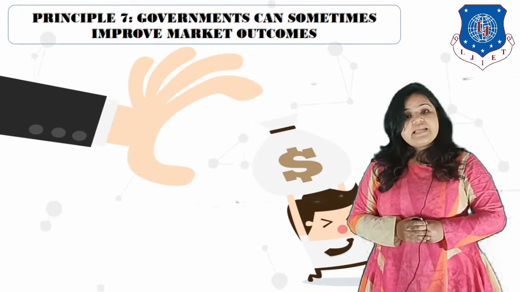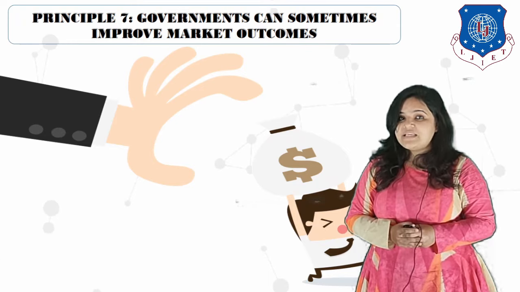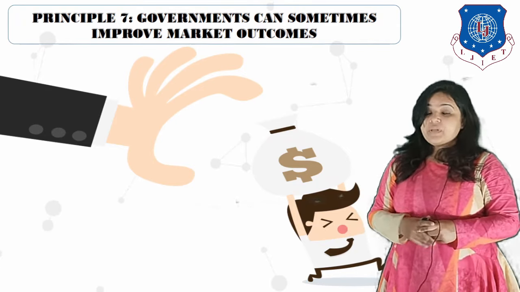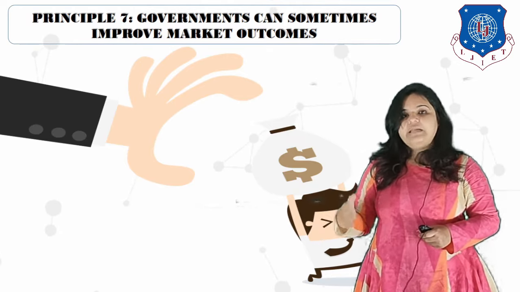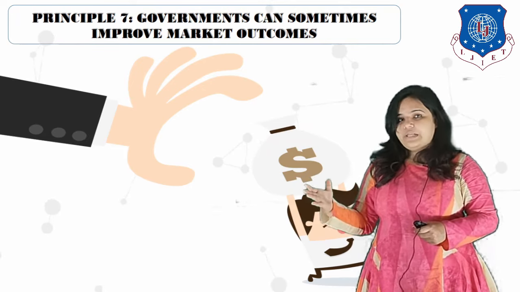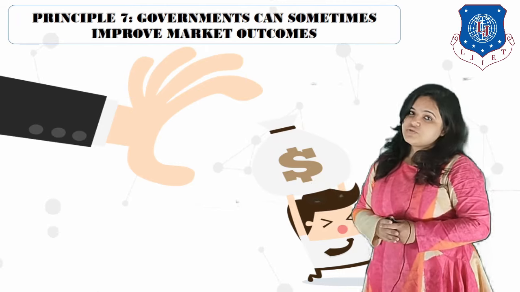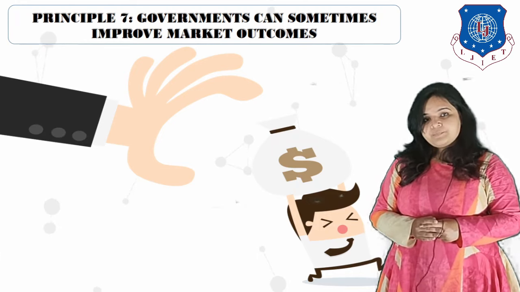The other scenario where the government will interfere is when someone is utilizing their market power to create monopoly. If some producer or some player in the market increases their market power and tries to create a monopoly, there is a possibility that they might exploit consumers. At this point of time, government will again interfere.